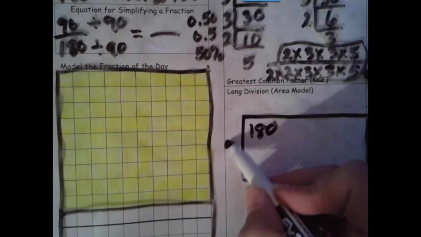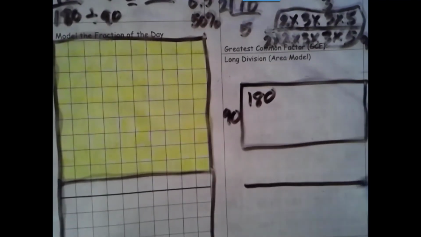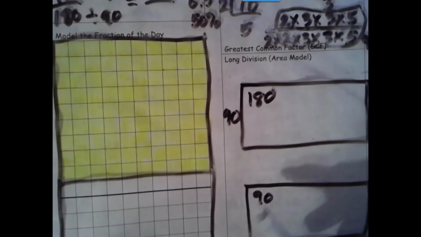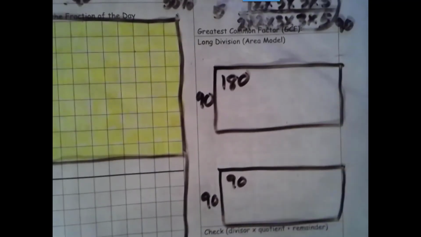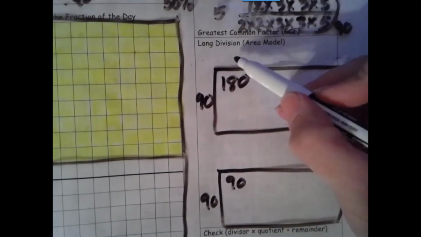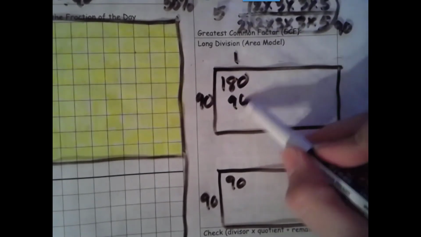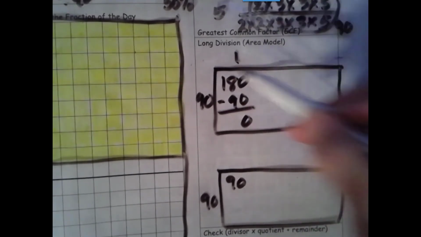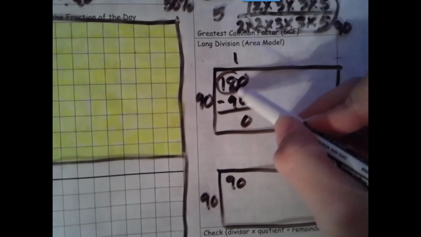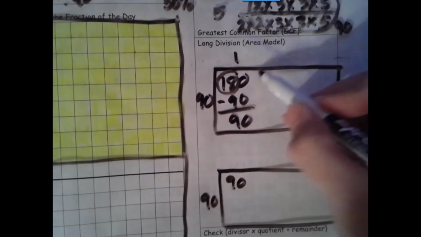So 180 divided by 90, 90 divided by 90. Let's see, one group of 90 is 90. Numbers the same, zero is the game, and this is just 18 tenths take away 9 tenths, which is 9 tenths.